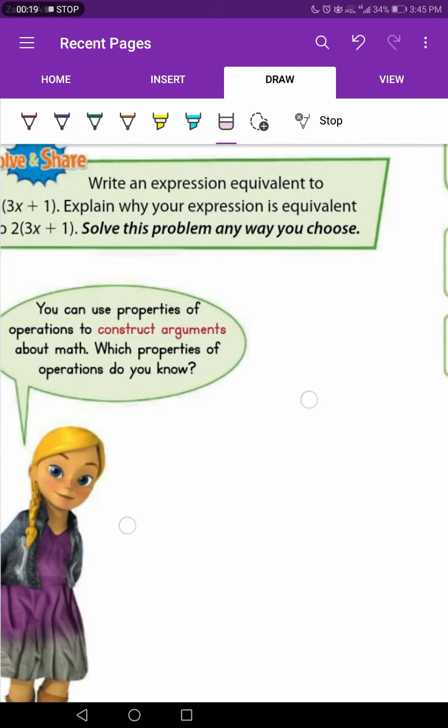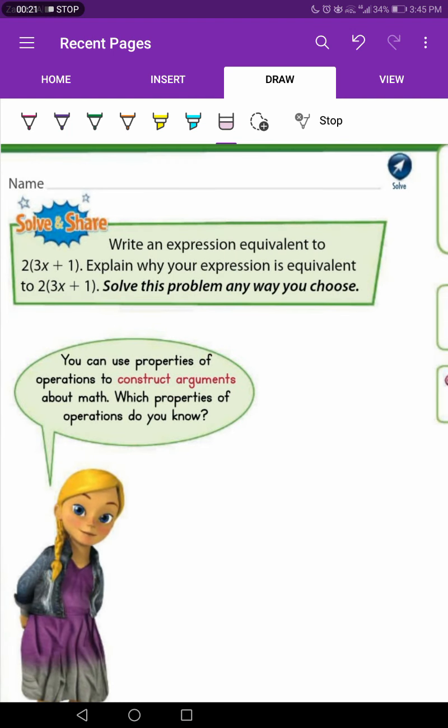And the solve and share problem is: write an expression equivalent to 2 multiply the quantity of 3x plus 1. We read the parentheses as "quantity of". Read it again: 2 multiply the quantity of 3x plus 1.